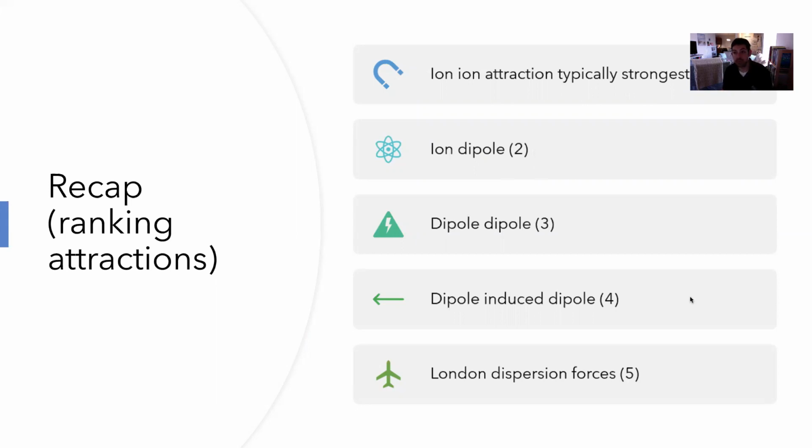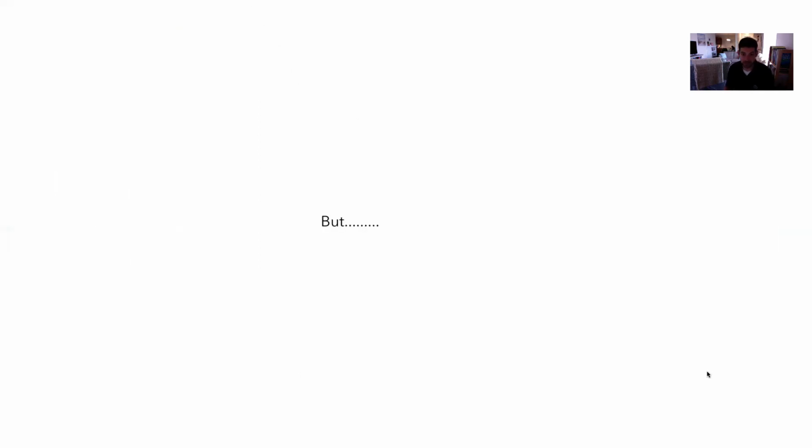Dipole-induced dipole, right? That's a polar molecule with a non-polar molecule. And lastly, London dispersion forces. That is a non-polar molecule with another non-polar molecule. That's the fluctuations we're looking at when we say London dispersion forces.